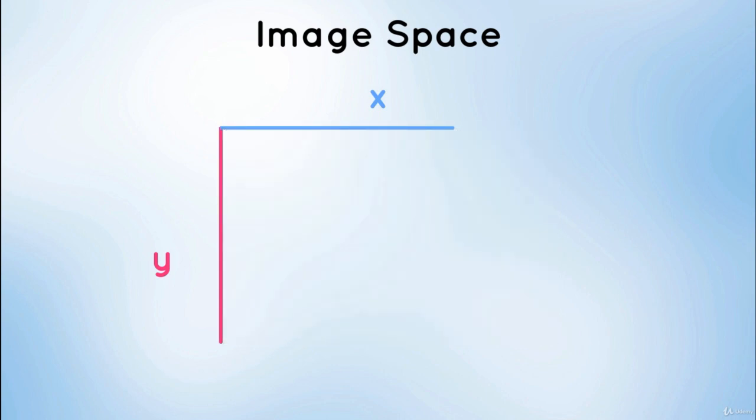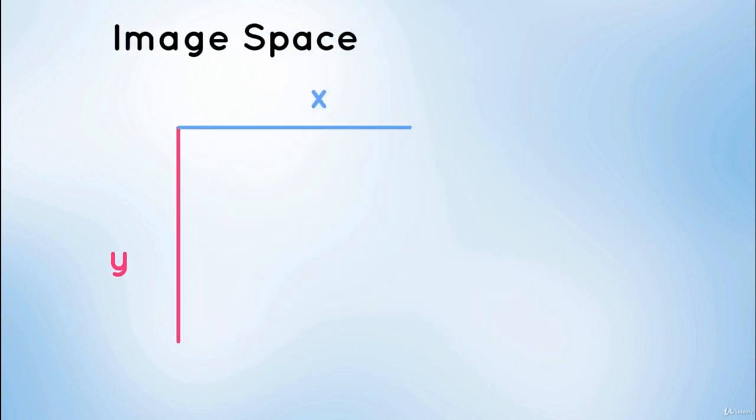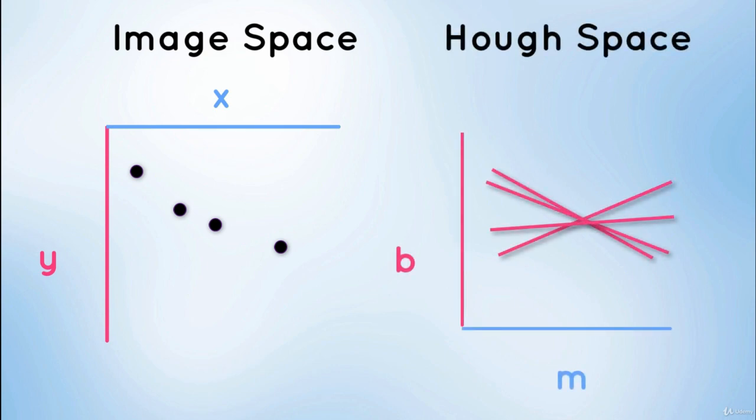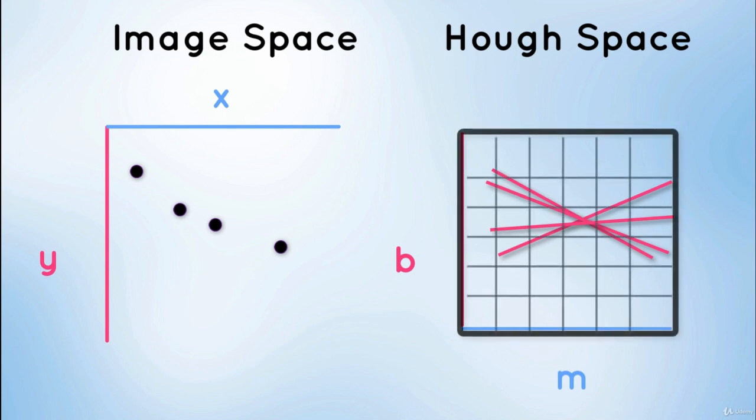Well, take these 4 points for example in our image space, which correspond to the following Hough space. What we're going to do is first split our Hough space into a grid. Each bin inside of our grid corresponds to the slope and y-intercept value of a candidate line. For example, what if I told you these points belong to a line? What is that line? Well, I can see that there are points of intersection here, there are some here, and some here as well.